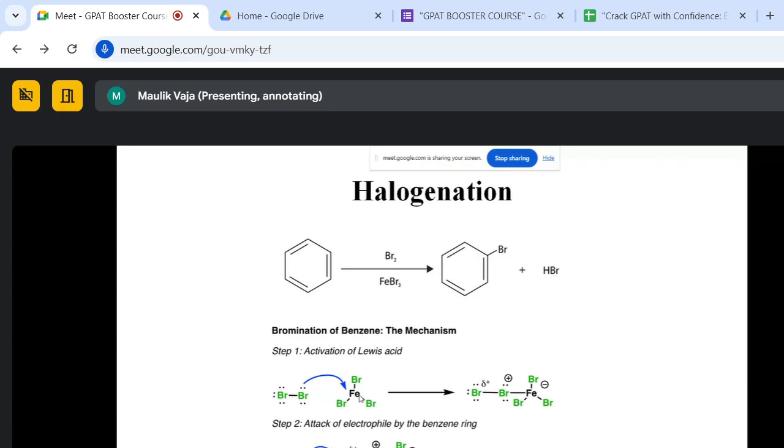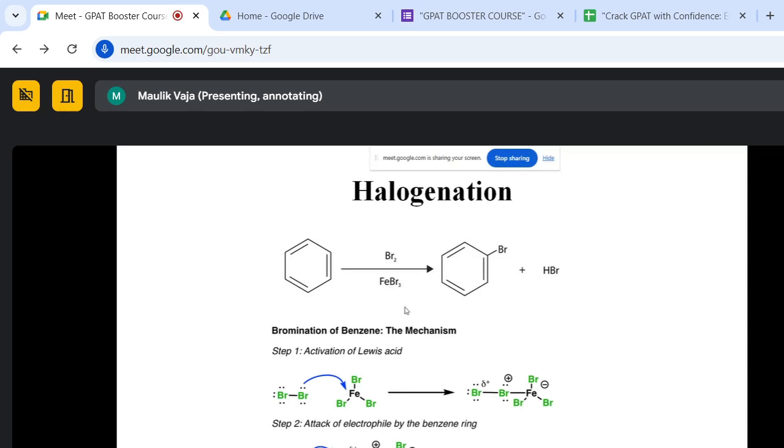But FeBr3 came into their life, and what happened? One becomes Br positive, and the other becomes Br negative. So this is the first step of the reaction: generation of the electrophile by activation with a Lewis acid.